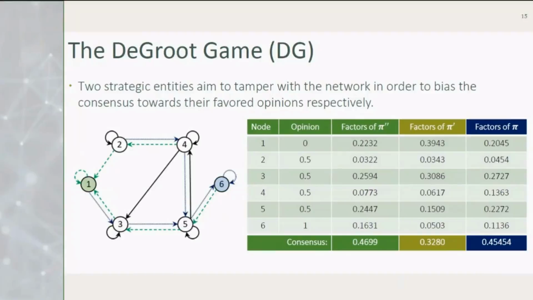So the combination of model checking, the growth model, and the theory of opinion dynamics enabled us to construct such scenarios that were really efficient and could be utilized to examine the behavior of several strategic entities, 2 strategic entities.